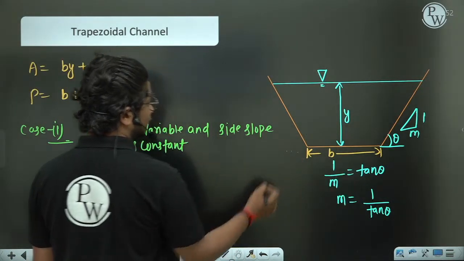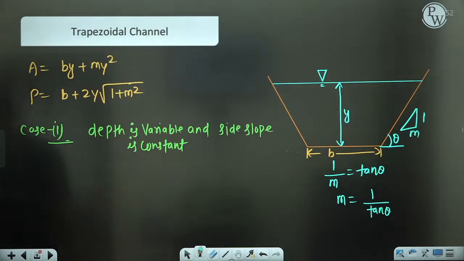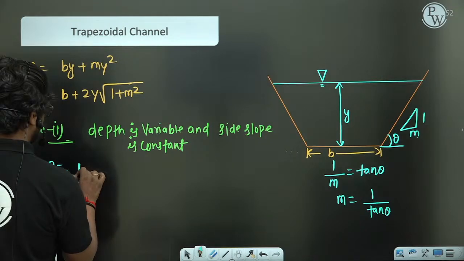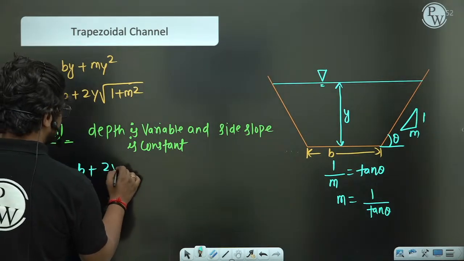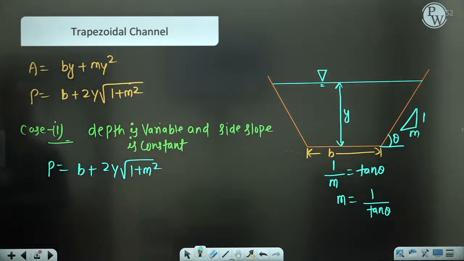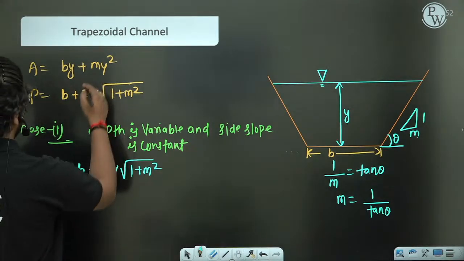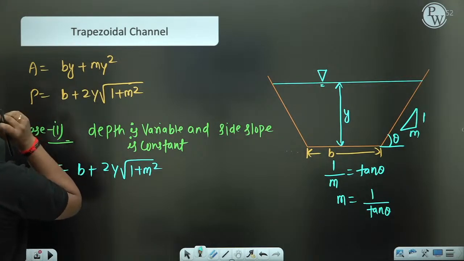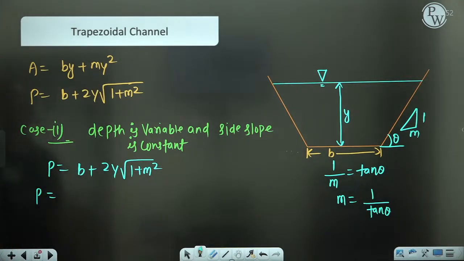So let us do it now. Depth is variable. So here the perimeter we have, p equal to b plus 2y root under 1 plus m square. B is something which is irritating us, so let us change that b part. In place of b, what can we write from here? A equal to by plus my square.